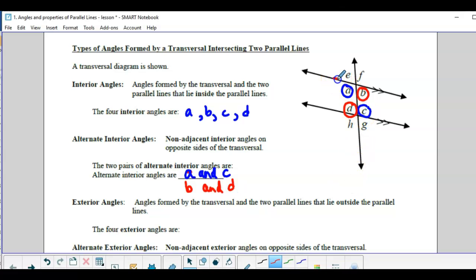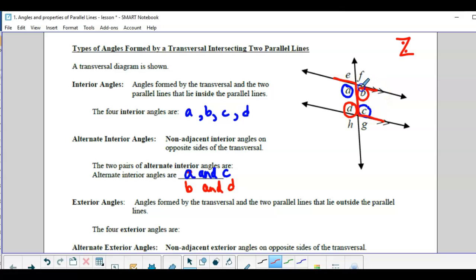You may have learned in junior high that if you draw a Z, kind of a weird looking Z, those angles that are formed are alternate interior angles, because the top and the bottom are parallel in a Z, and so those are equal. So here A and C are equal.